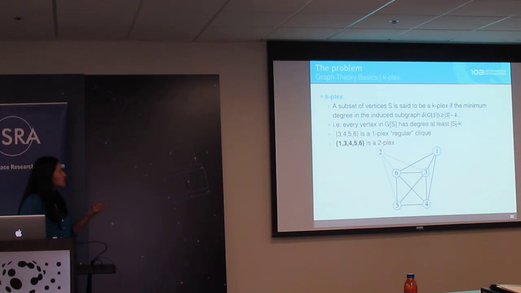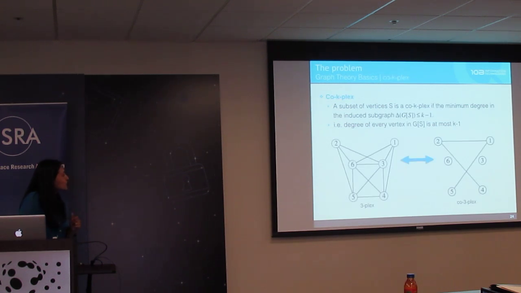Just as cliques have their other version, the maximum independent set, oh sorry, that's the K-plex. K-plex also has this dual, the co-K-plex. A co-K-plex is a subgraph in which the degree of every vertex is at most K minus 1.